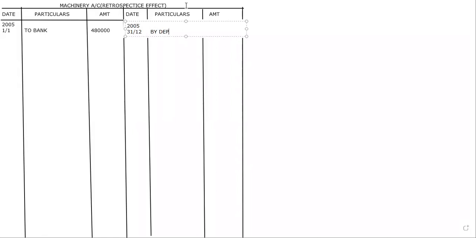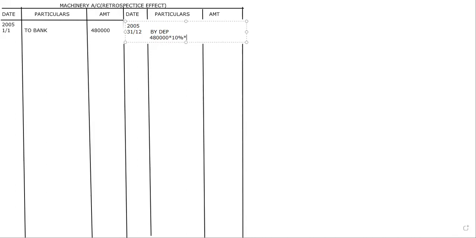What is the method we started with? Diminishing balance method. In the first year, it is not important what method we are following, but how many months we used the asset is important. 4,80,000 into 10% is the depreciation value, into how many months I used my asset.